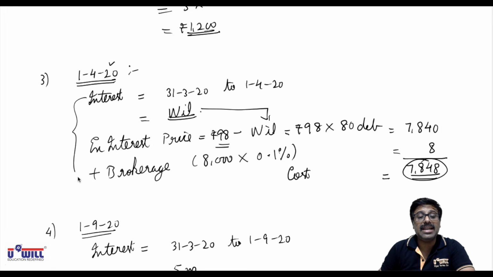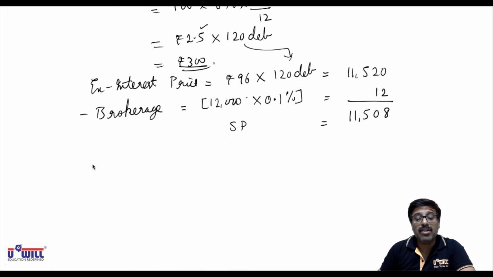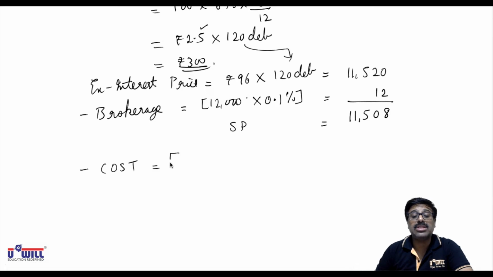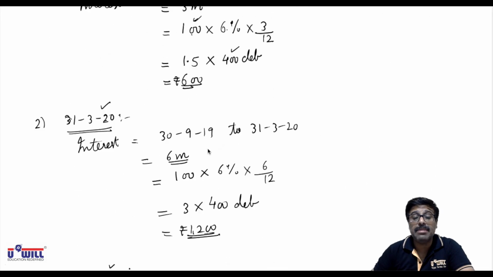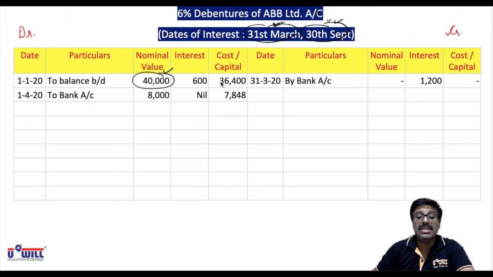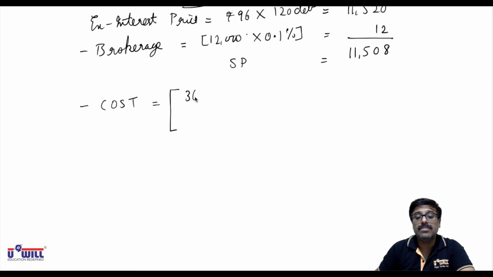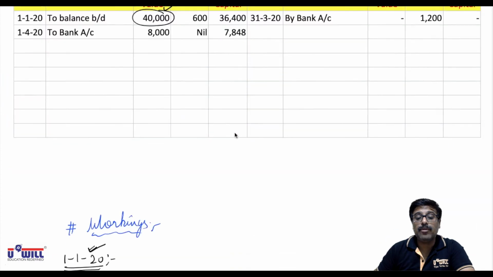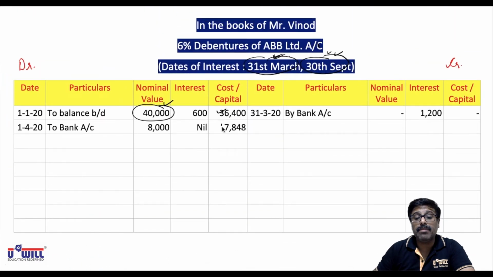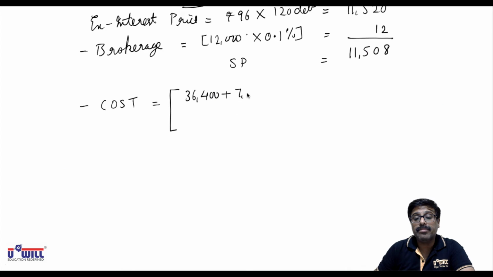But when you are selling the investments, further we have to find cost and profit also. So how will you find this cost and profit? Total of investments debit side cost column, 36,400 plus 7848, minus.